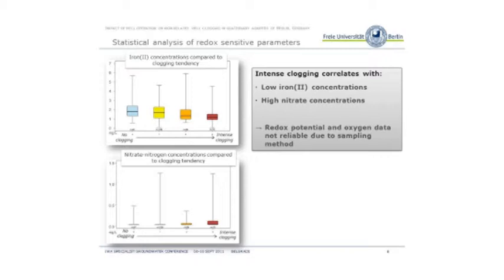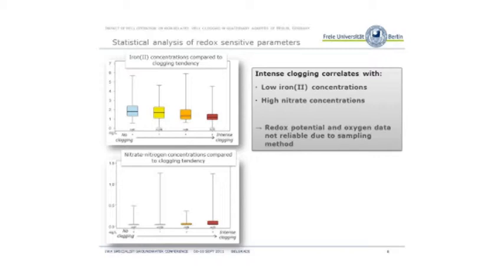But if we take a look at the iron concentrations, we see at first, surprisingly, that intense clogging correlates with low iron concentrations. But there is a reason for that. It could be that the iron is already removed from the water before we take the sample.